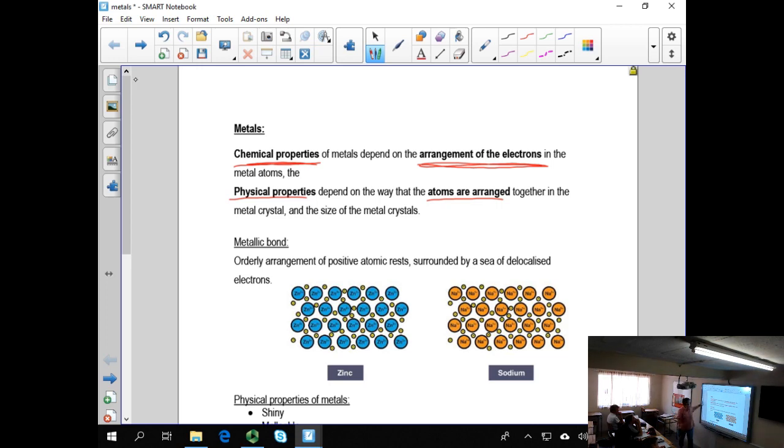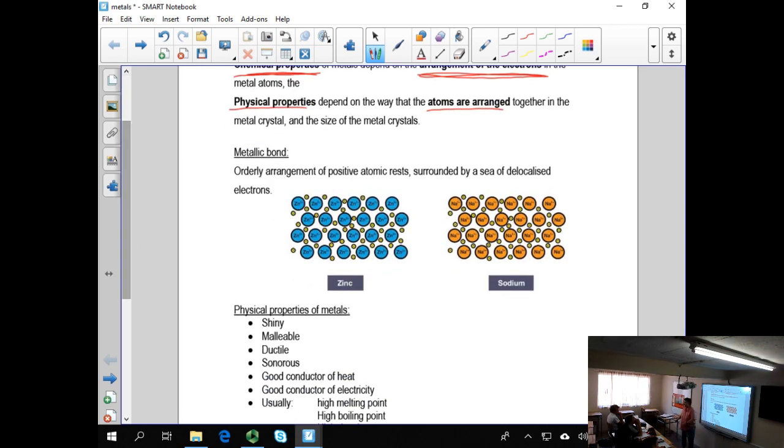Now, metallic bond, we've done that in grade 10. Who can remember? Yeah. Crystal lattice implies there's an orderly arrangement of particles. These particles are charged.